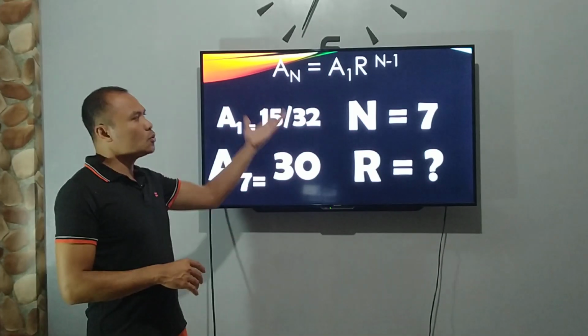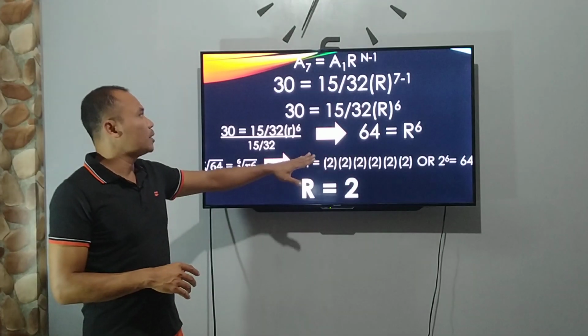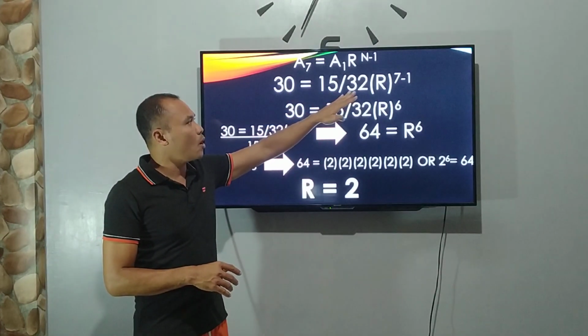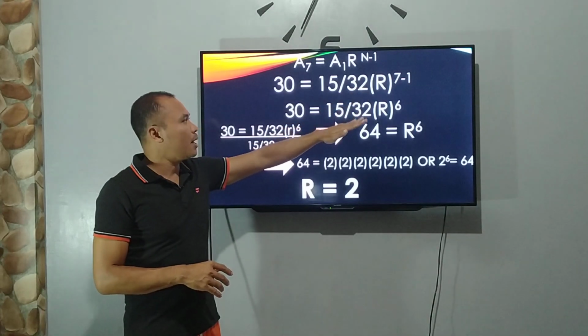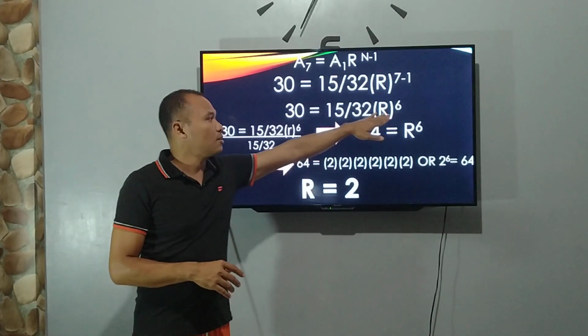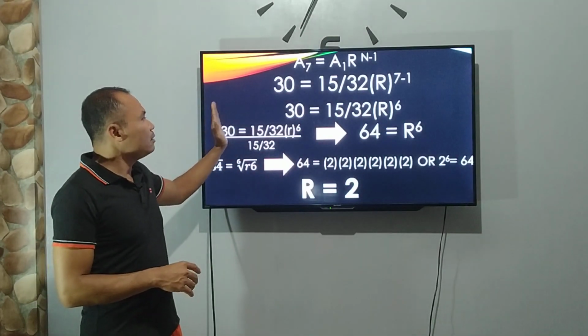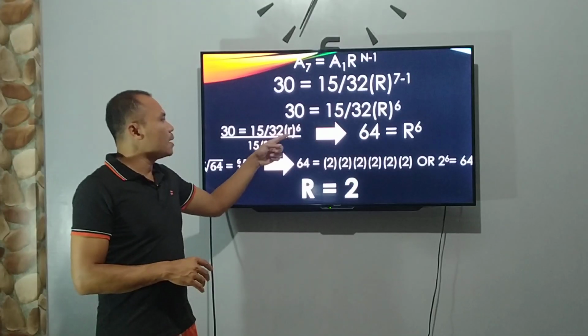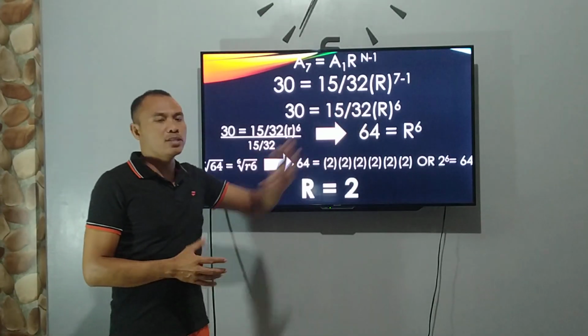Then substitute to the given formula. The last term is 30 and that is equal to 15 over 32 r raised to 7 minus 1. Just copy. 7 minus 1 is 6. Okay na tayo dito. Then divide both sides by 15 over 32 para matira na lang natin as r raised to 6.